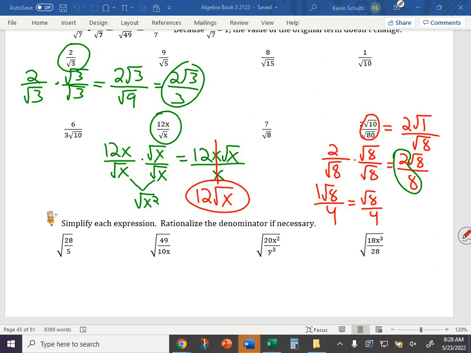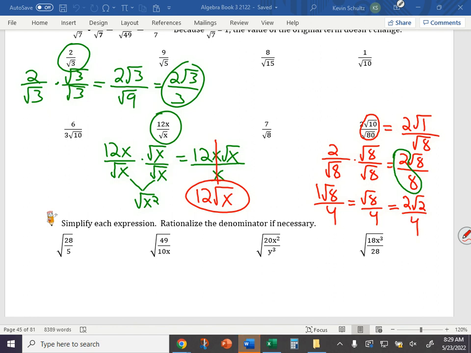No! What can we do now? Simplify the root 8 because it contains a perfect square factor. What is root 8 simplified to be? 4 and 2 is the factor pair. And so how's it look? 2 root 2 over 4.